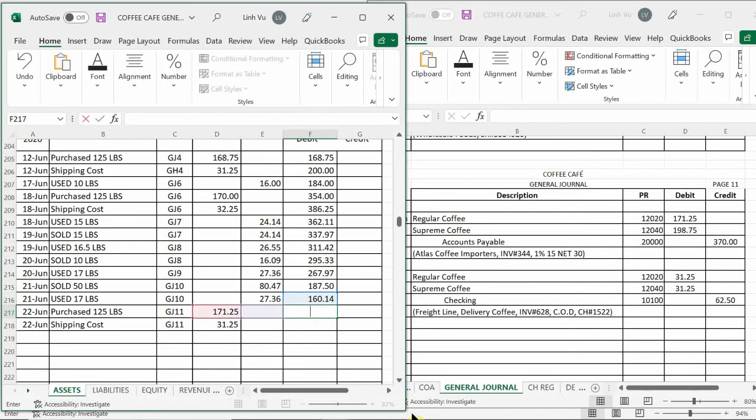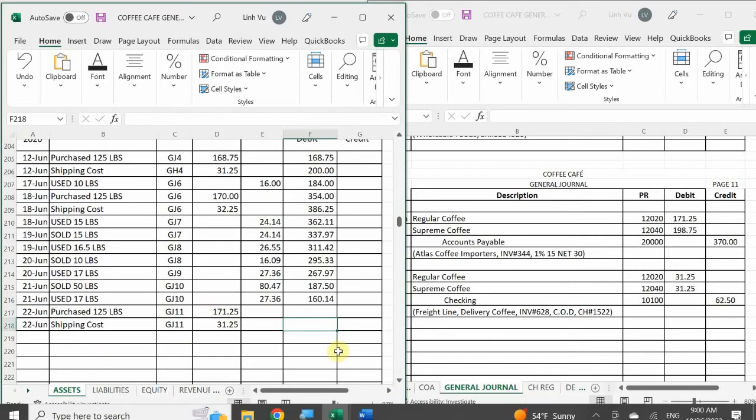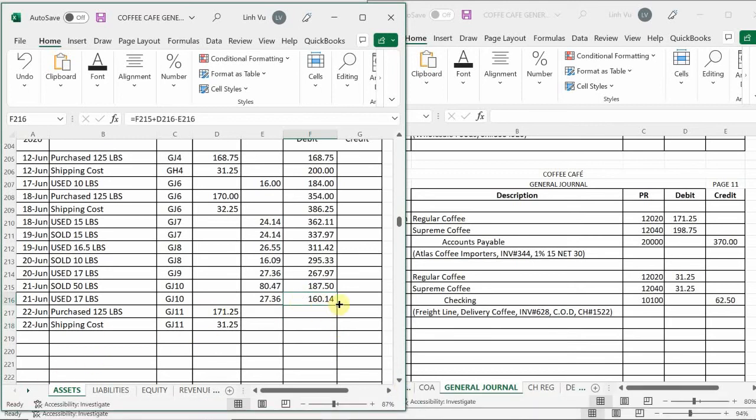Where are you getting 202? Oh, okay, I see what you're doing. You're adding the shipping cost. So yeah, 202.50 added to the 160.14. Yes. The 362.64. Good.